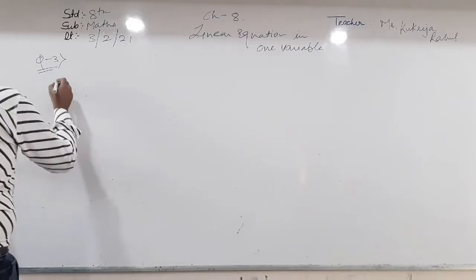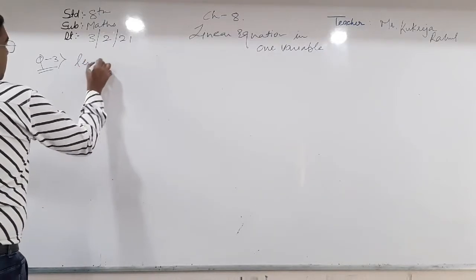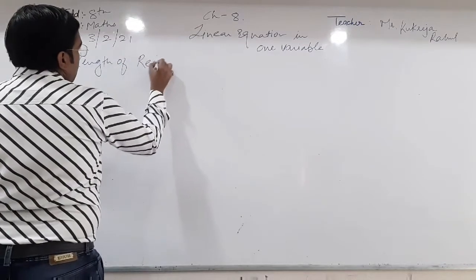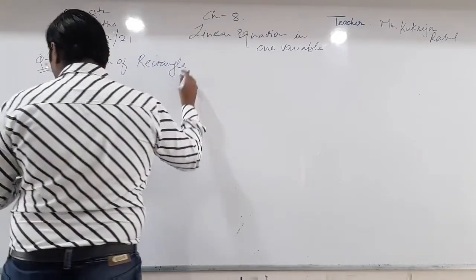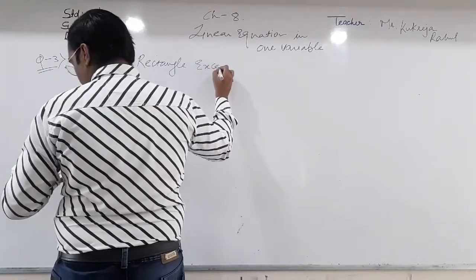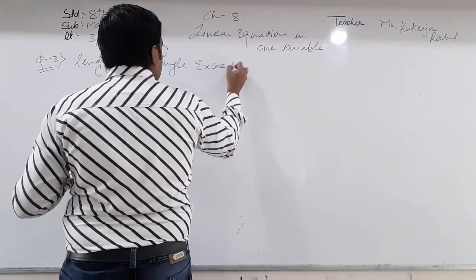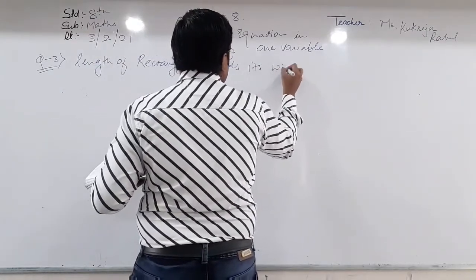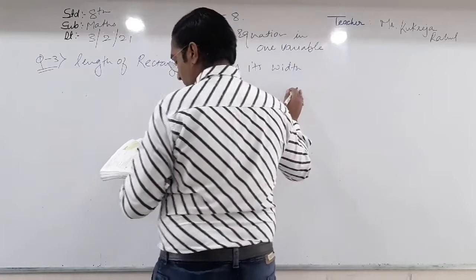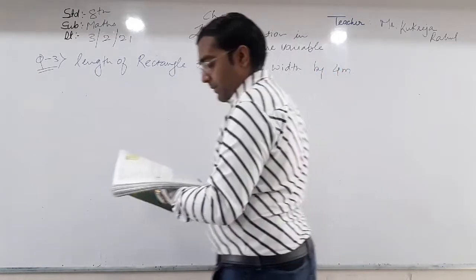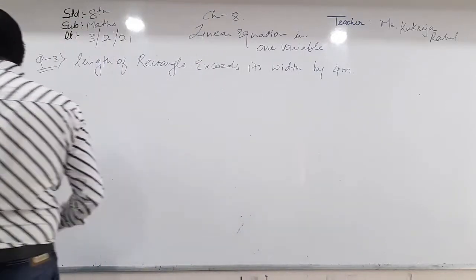So, the length of the rectangle exceeds its width by 4 meter and its perimeter is 40 meter.